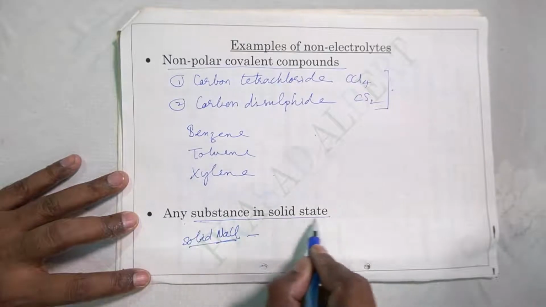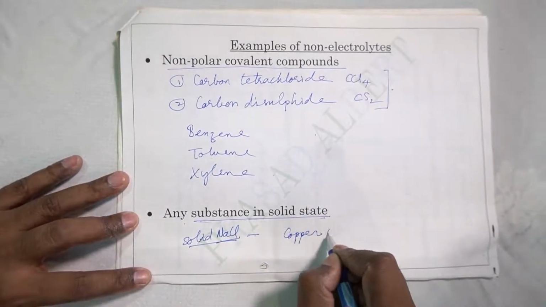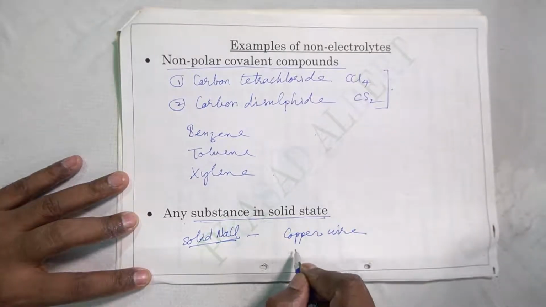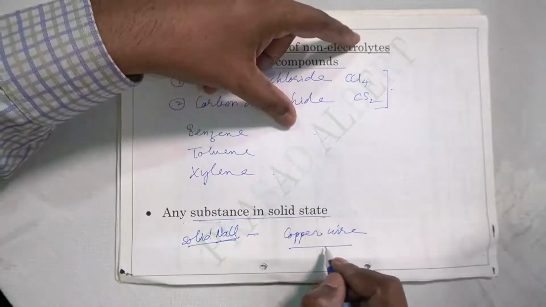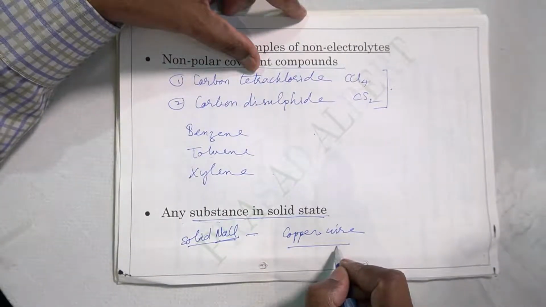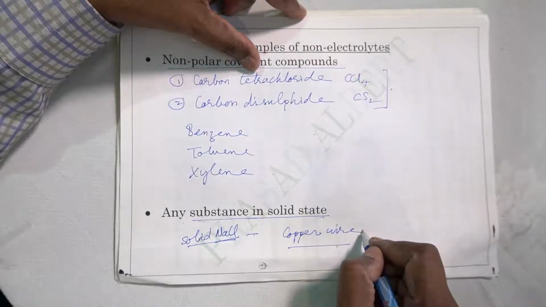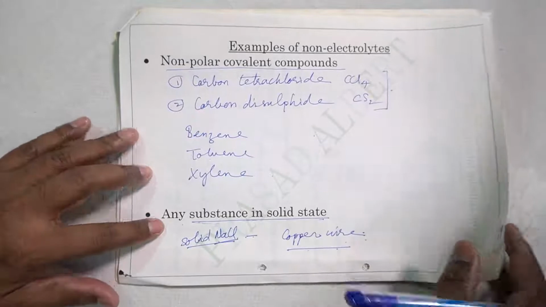Understand, any substance in solid state is a non-electrolyte. Example, copper wire. Copper wire does not have free mobile ions in it. It has free electrons. It may conduct electricity, but it has no free mobile ions. It will not split into ions, so ionic conduction does not take place. Therefore, it is a non-electrolyte. Please understand these things. So that's the example of a non-electrolyte.